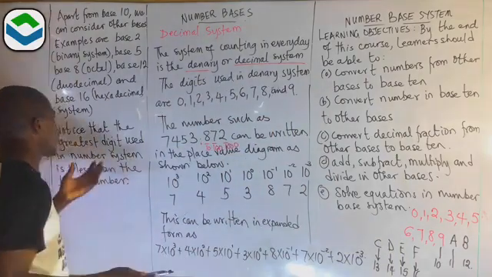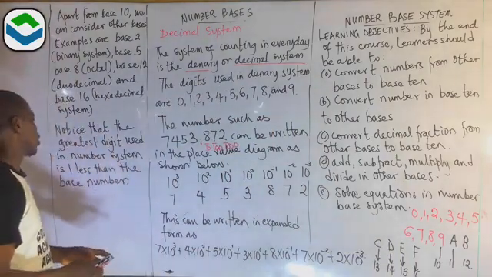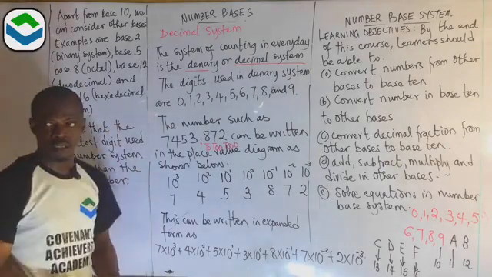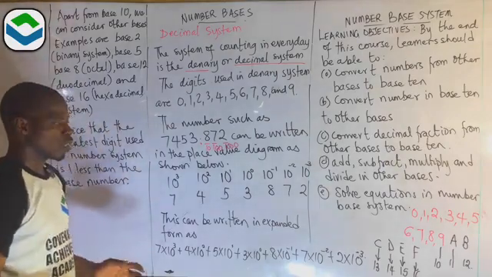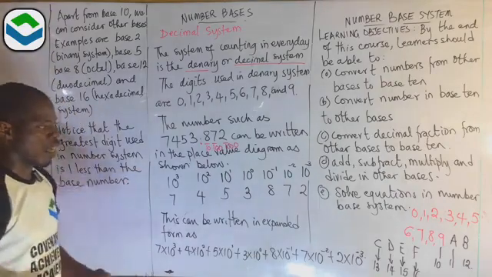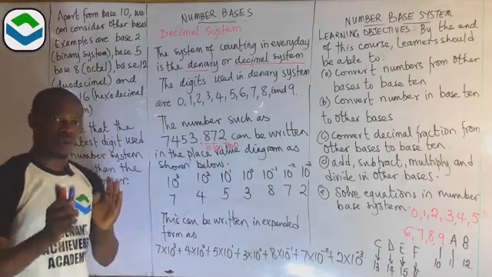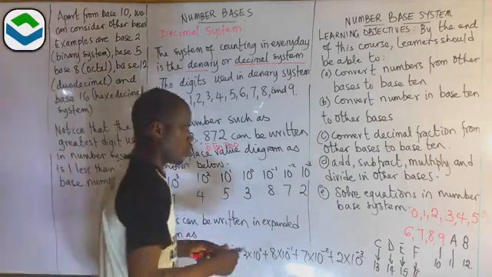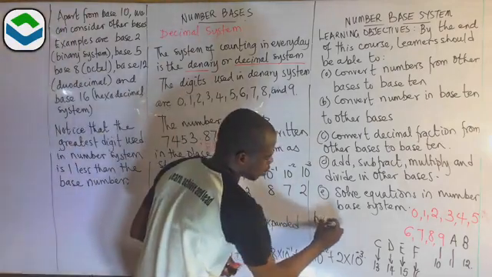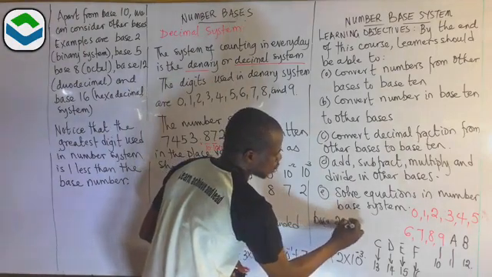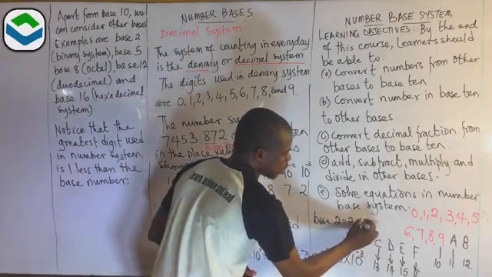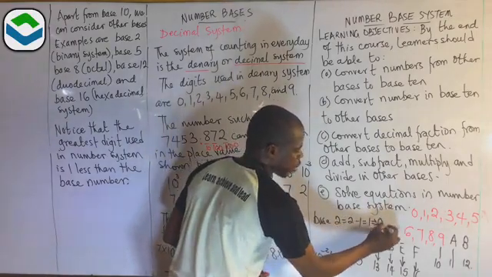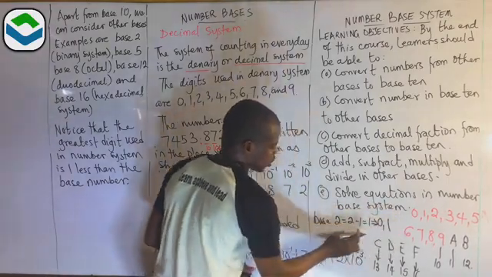Now notice that the greatest digit used in a number system is 1 less than the base. What do we mean by that? The greatest digit you can have in any number system is 1 less than the base. That means in a base 2 number, it is going to be 2 minus 1, which is 1, so we can only have 0 and 1. That's 2 digits in base 2.